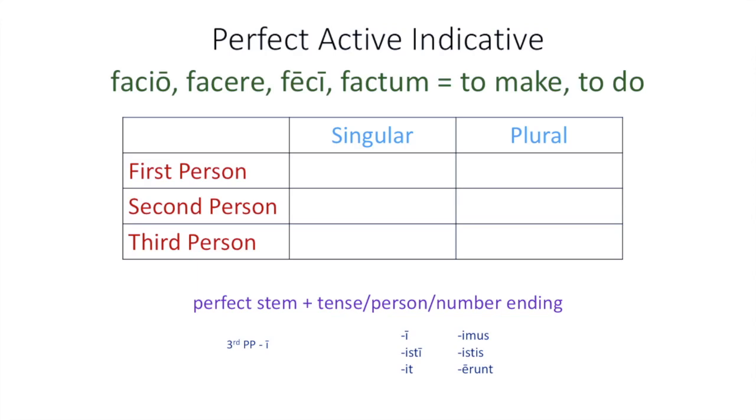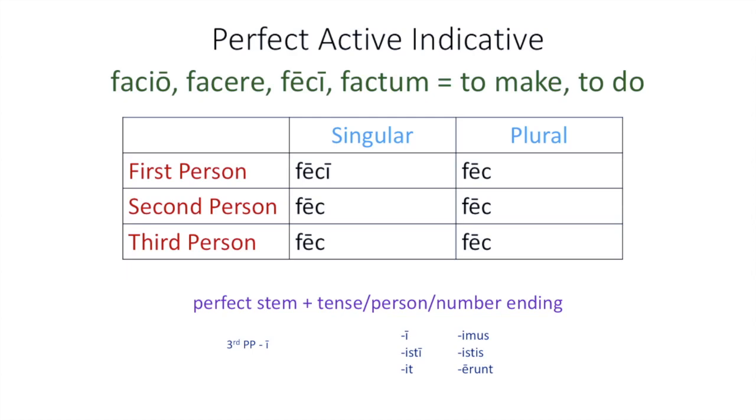They all follow the exact same patterns. And that pattern is your perfect stem plus your tense, person, and number endings. So first, we can just move that third principal part down for your first person singular perfect active indicative form. And all the other ones we have to form using our equation.